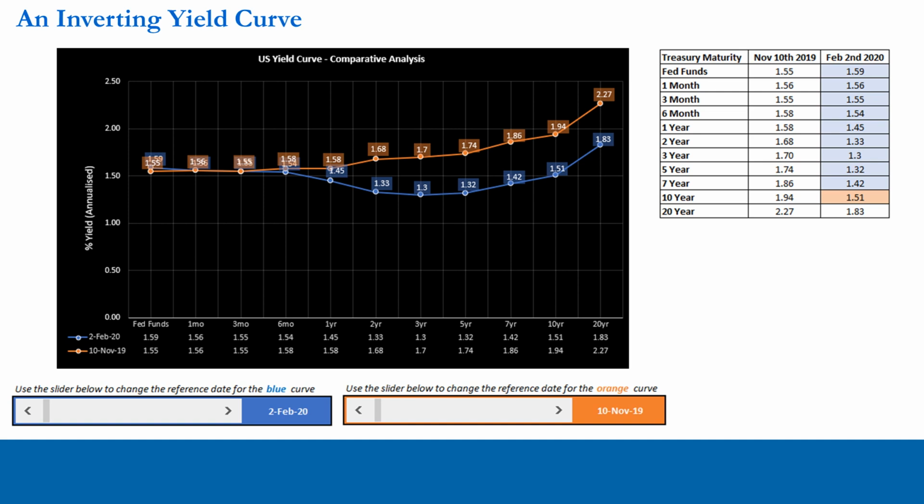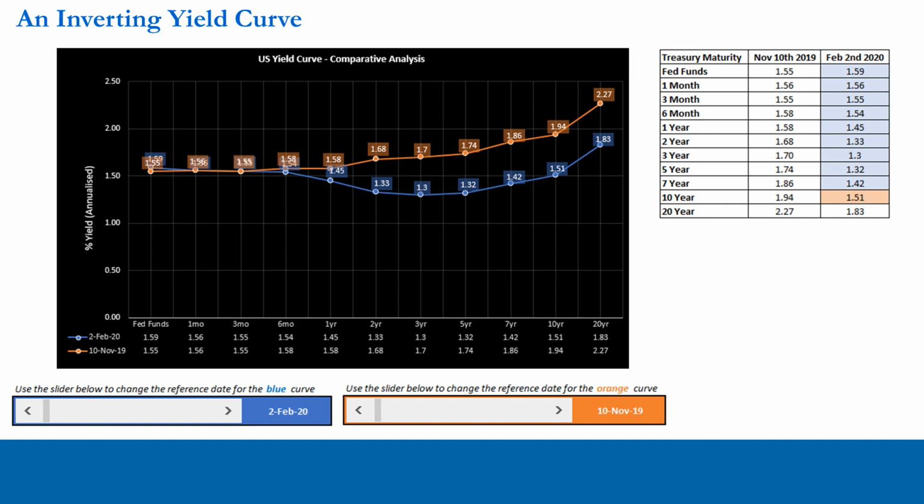And it's interesting that at this moment in time, we can see that the yield curve is in the process of inverting. But it's inverting on February 2nd, 2020, only in the very short end of the curve.